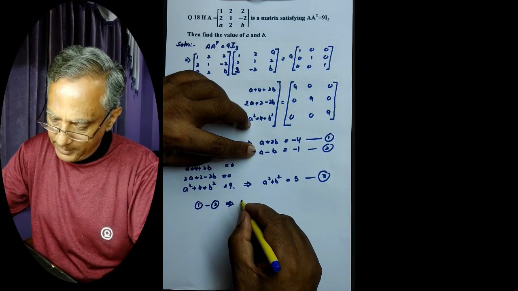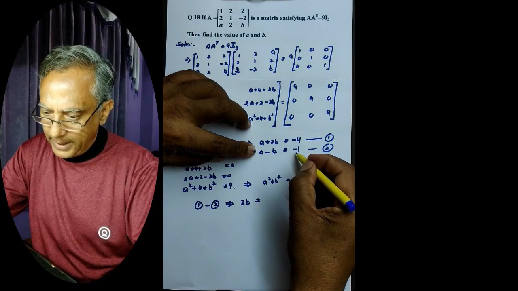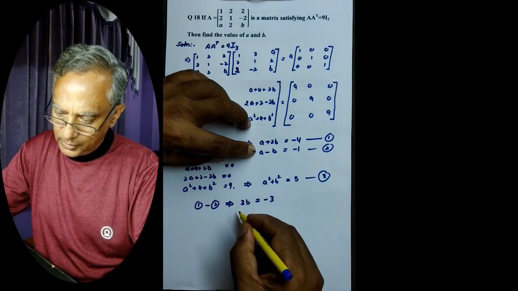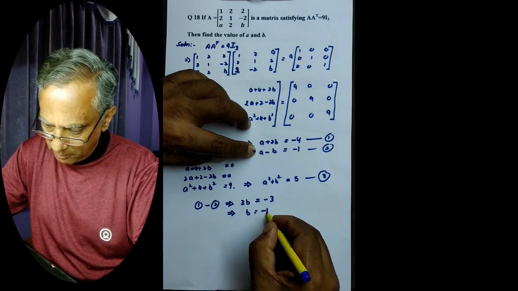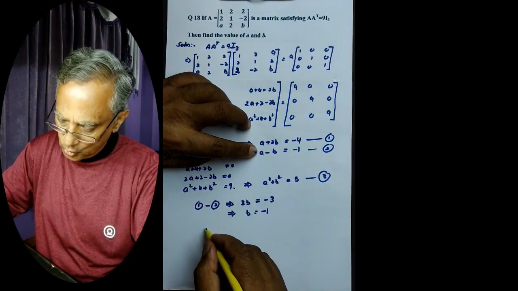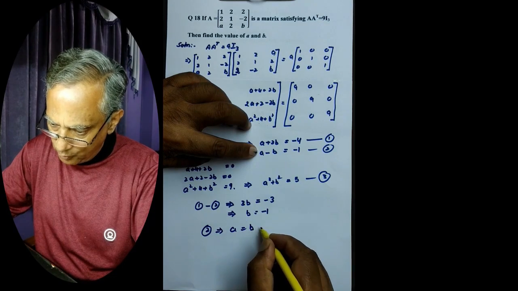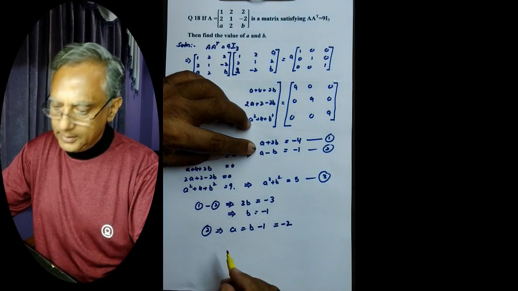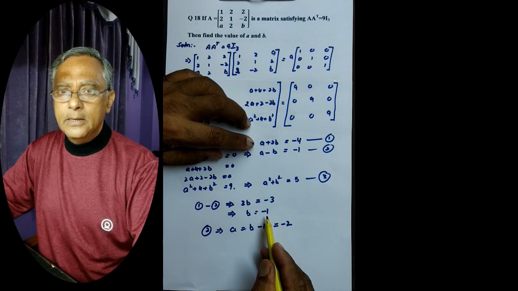So we get 3B. 3B is equal to minus 4 plus 1, that is minus 3, and this implies B is equal to minus 1. Now substitute B here, so 2 implies A is equal to B minus 1, that is equal to minus 2. So A is minus 2 and B is equal to minus 1.